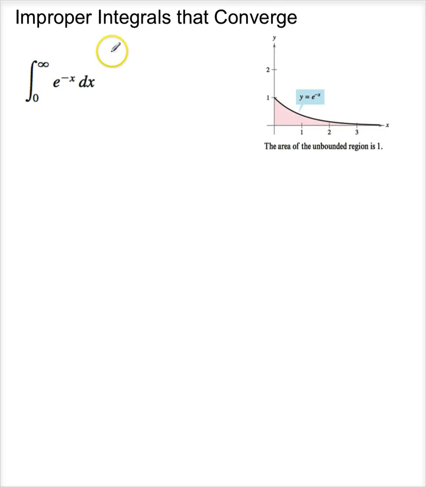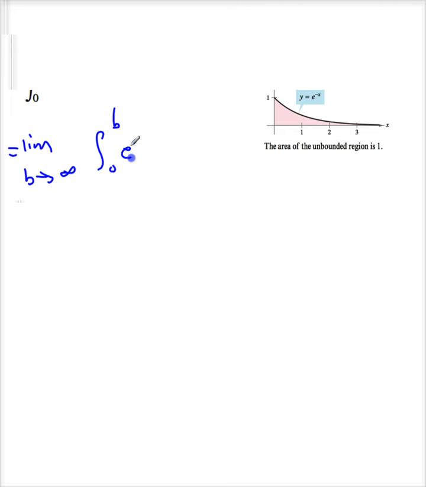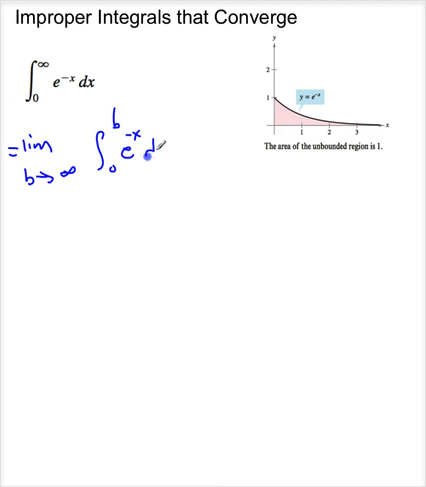Well, let's look at this one right here: the integral from 0 to infinity of e to the minus x dx. I'm going to let this equal the limit as b goes to positive infinity of the integral from 0 to b of e to the minus x dx.